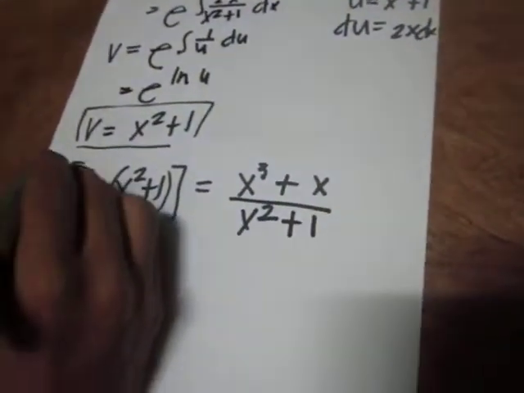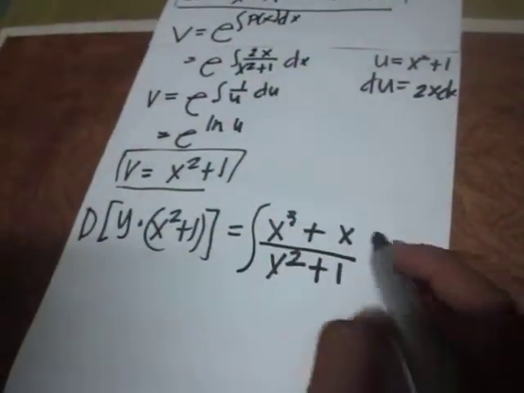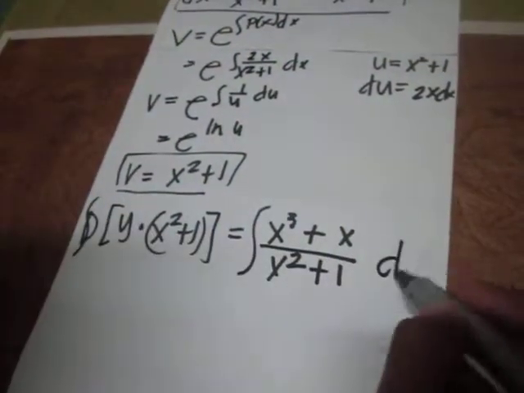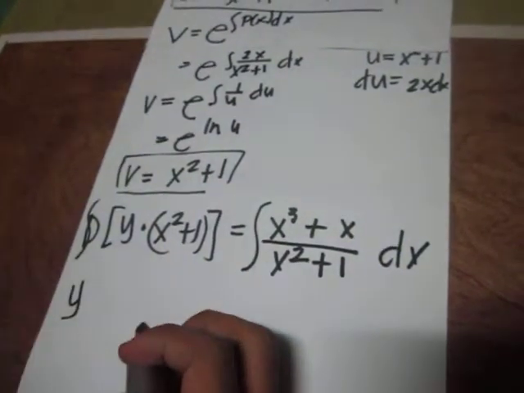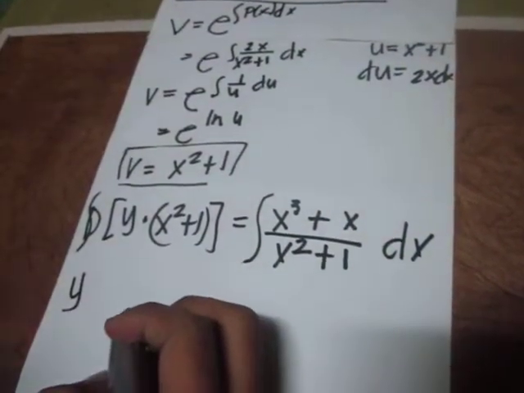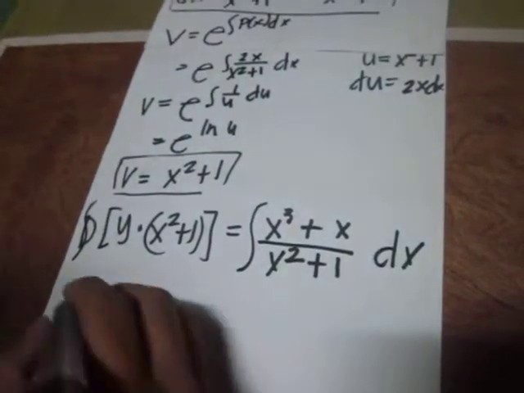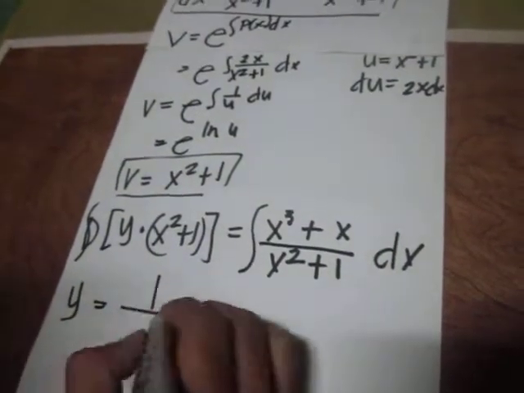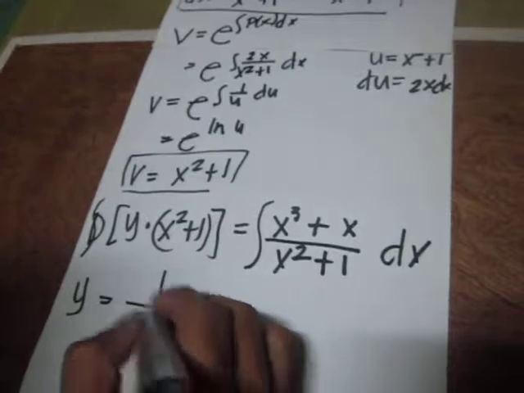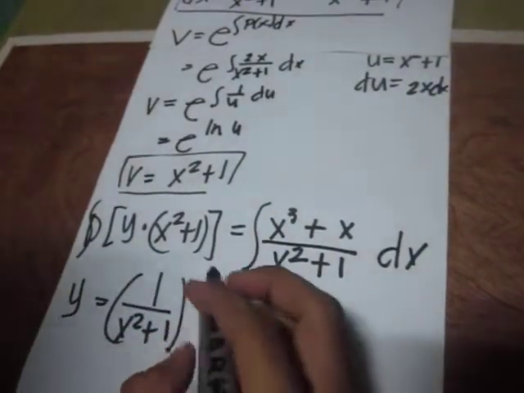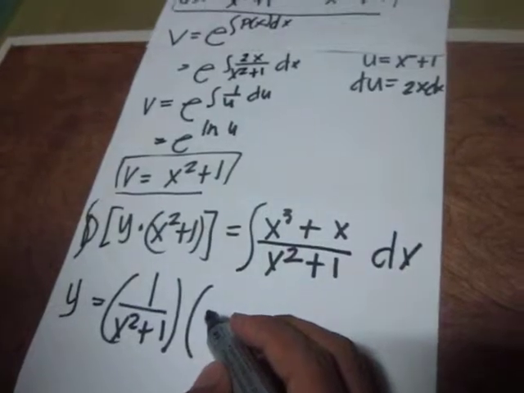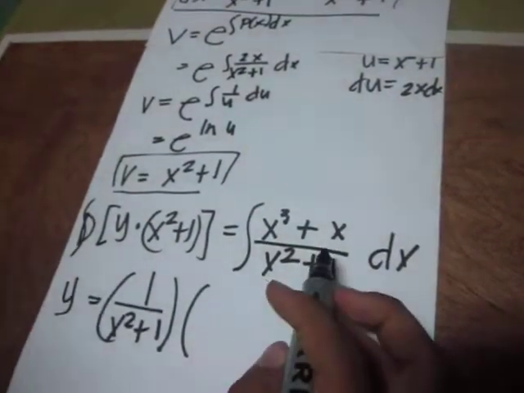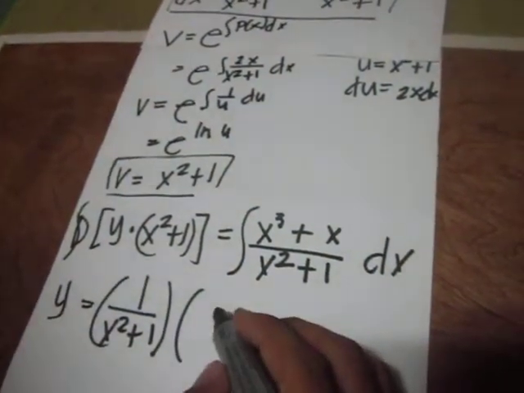Then integrate this in terms of dx. So we have y is equal to 1 over x squared plus 1, then we have x to the 4th.